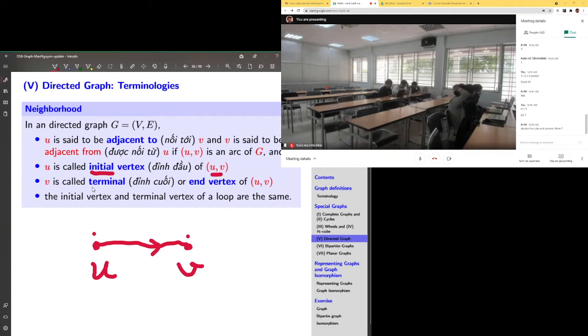Okay, and the second one we call the terminal. V is the terminal. If you have a loop in the directed graph, then the initial and terminal of a loop are the same. That is trivial, right?